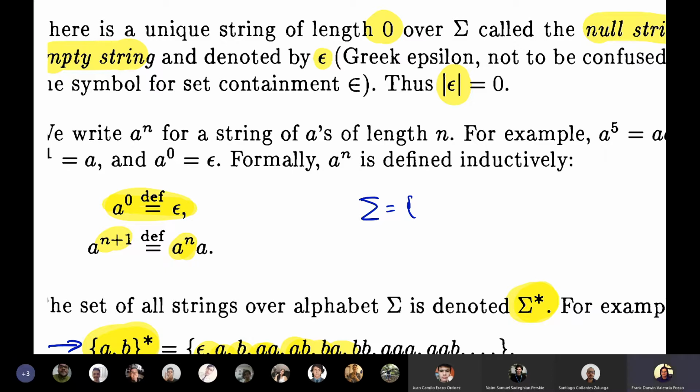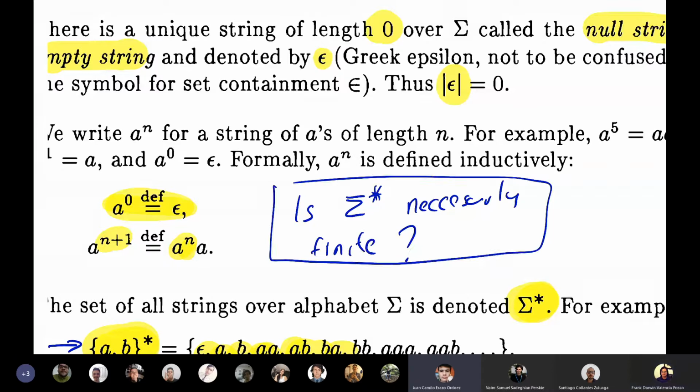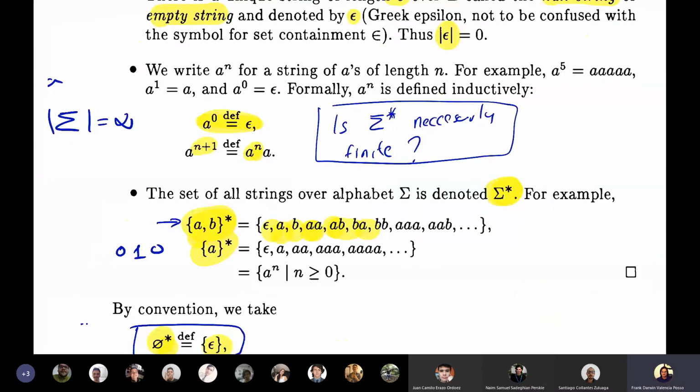It's a question. I think it's infinite. Exactly. So even though sigma is finite, sigma star could be infinite. That you can observe already here.